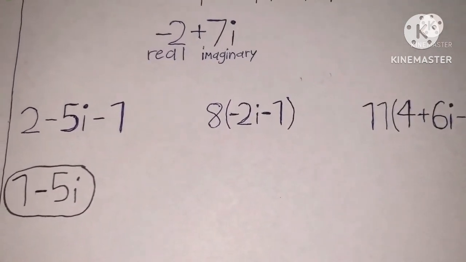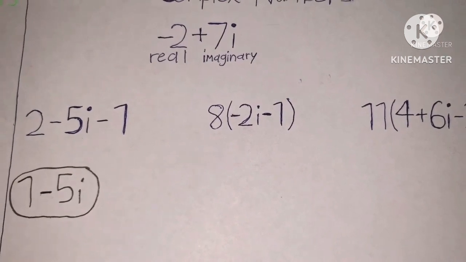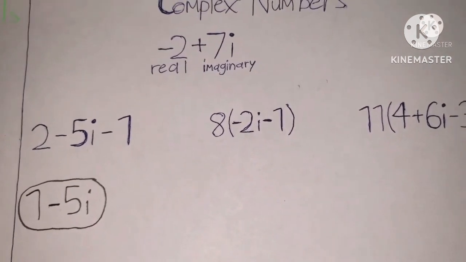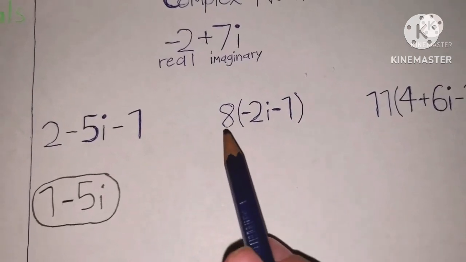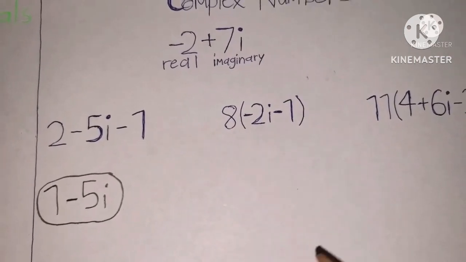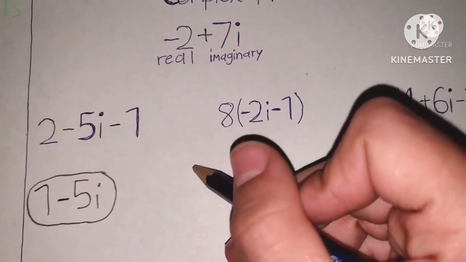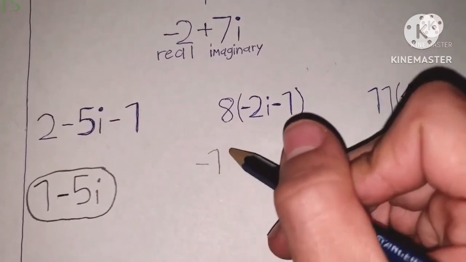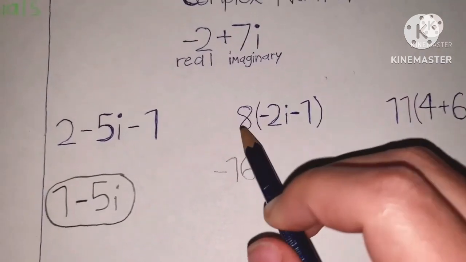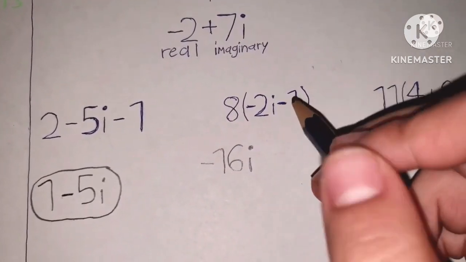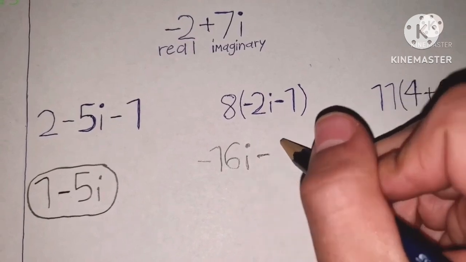And 8 parentheses -2i minus 1. How does it work? All you have to do is multiply like this. So 8 times -2i is going to be -16i. And 8 times -1 is going to be -8.